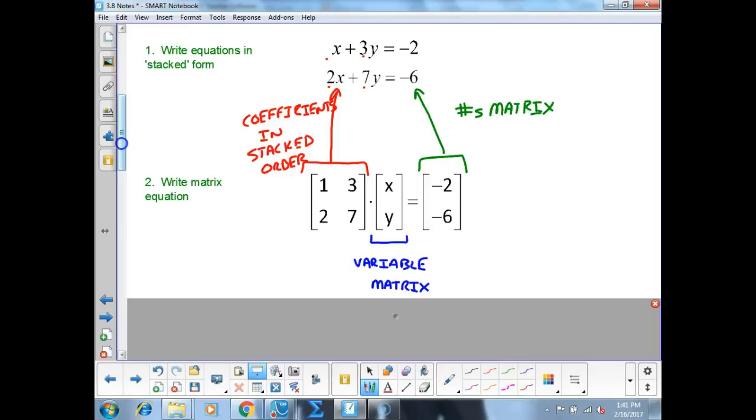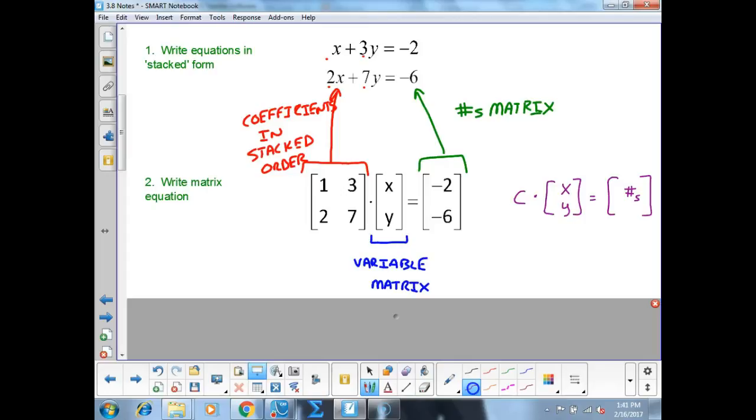Okay. Now, side note on this, if I were to call this matrix C, and I multiply matrix C by my variable matrix, that's then going to equal my numbers. Right? Ideally, we would want to get rid of matrix C from the left side of this equation.